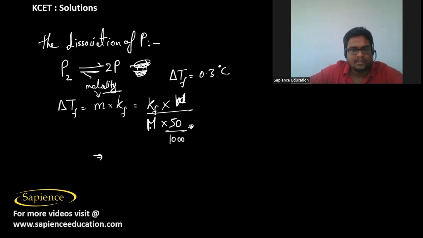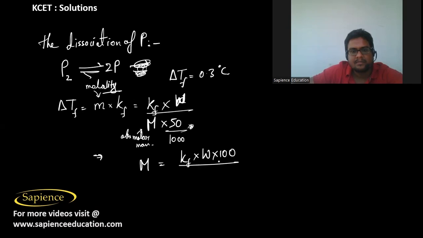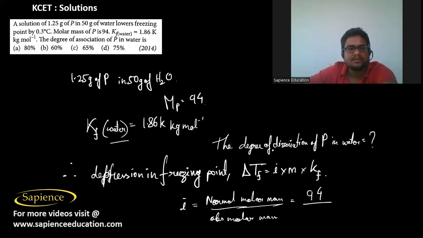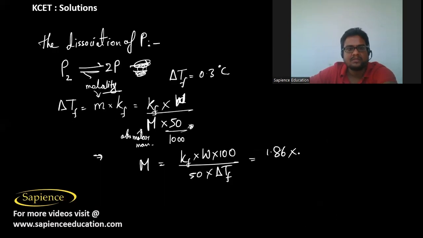So from here, this M is the observed molar mass which we have to find out. So M will be equal to Kf into w into 1000 by 50 into delta Tf. So that will be equal to Kf, which is given, which is 1.86 into the given mass of the solute, that is 1.25 gram, into 1000 divided by 50 gram into delta Tf, that is 0.3.